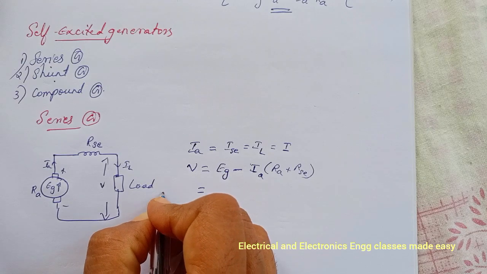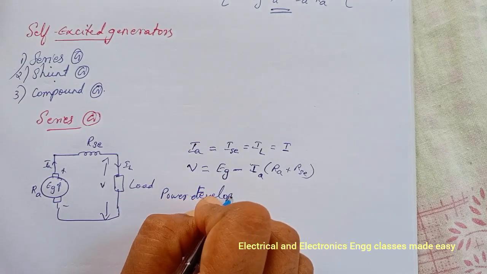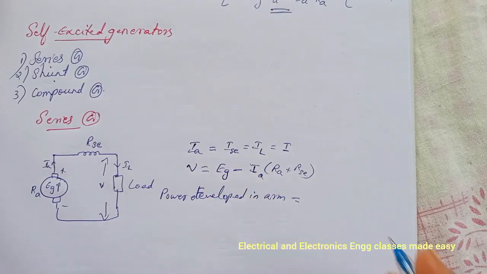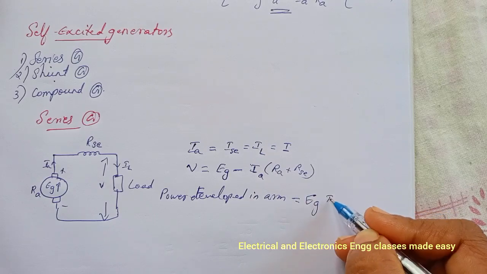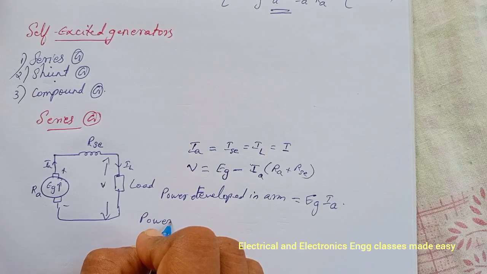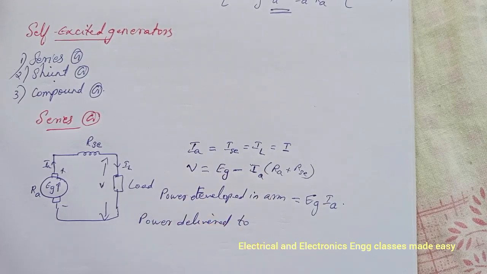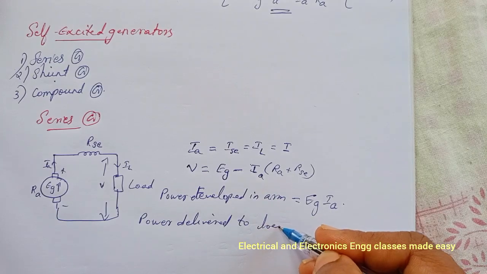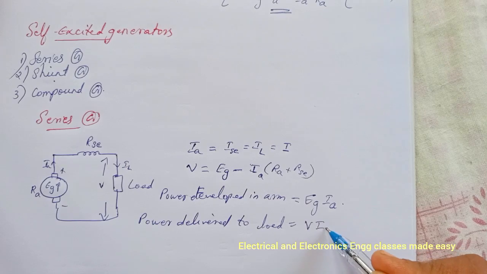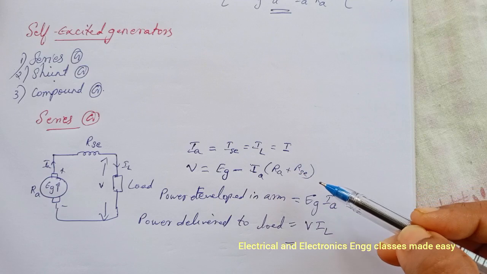And the power developed in armature is equal to Eg into Ia. Then the power delivered to load will be V into IL, and V is Eg minus Ia into Ra plus Rse.